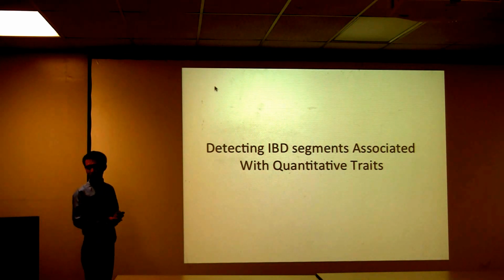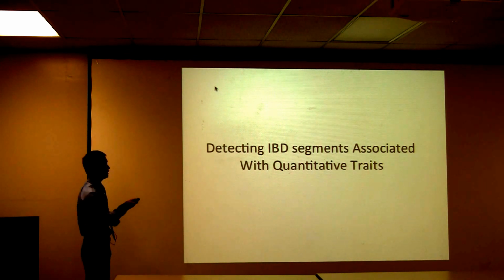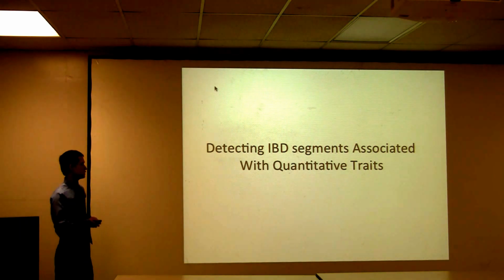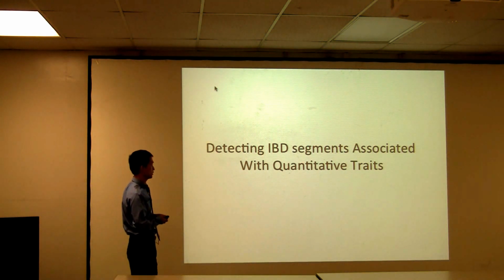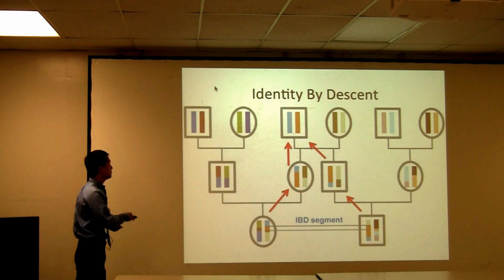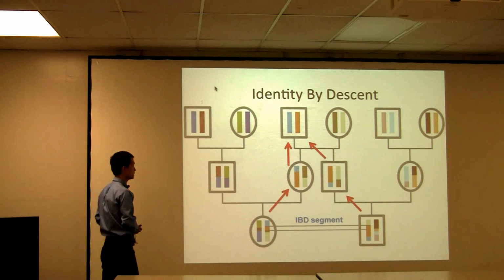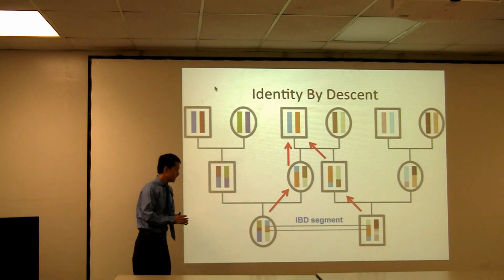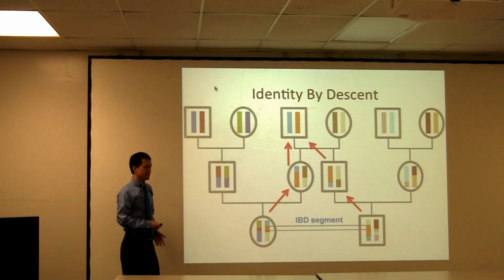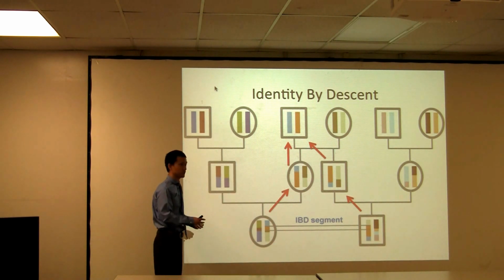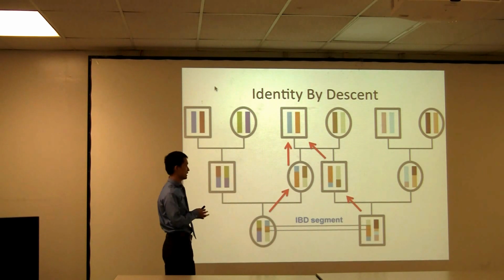So now I'm going to talk about the last project, which is detecting IBD segments associated with quantitative traits. IBD means identity by descent. Two individuals will be IBD at a locus if their alleles are inherited from a recent common ancestor.